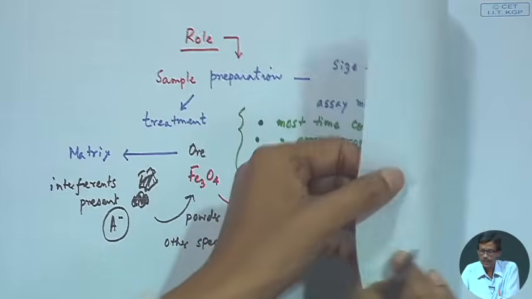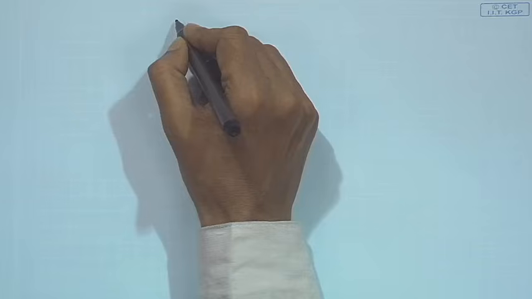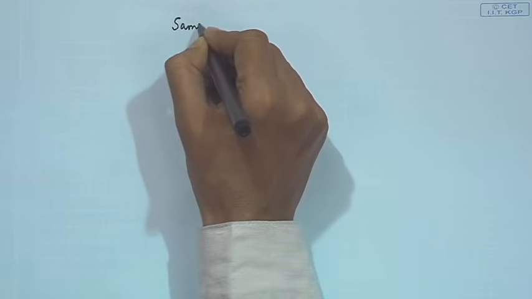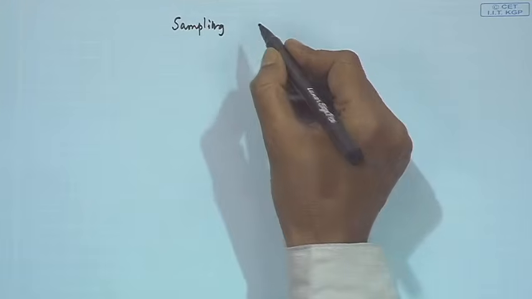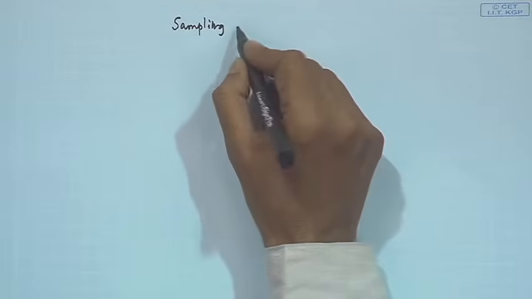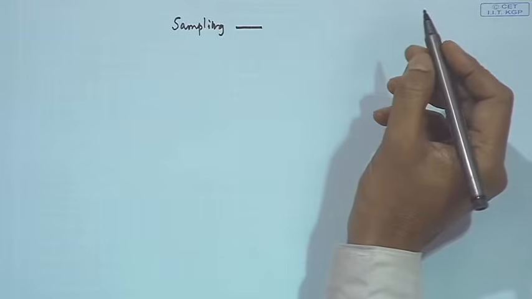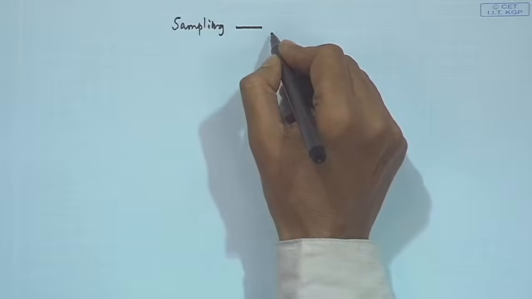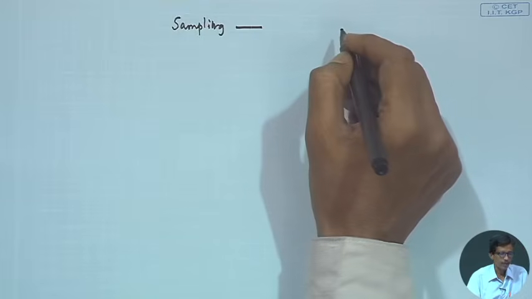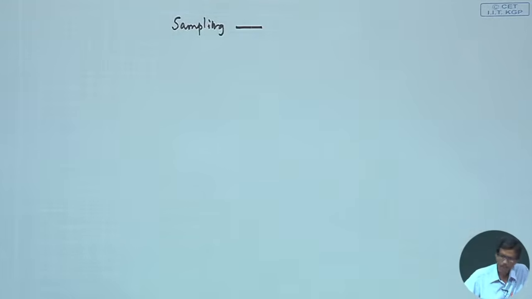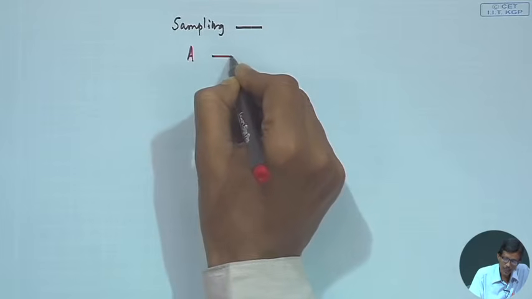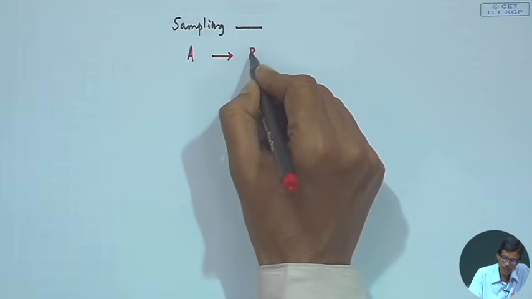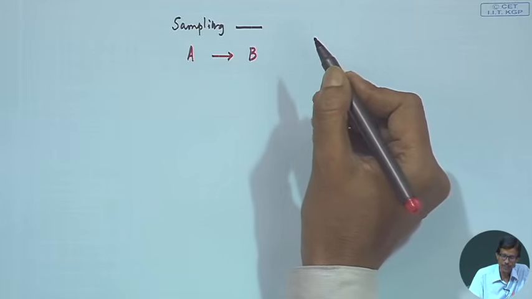So, what we see is that sample preparation depends on how we do the sampling process, the sampling. This sampling is also important when we take the powder sample for the analysis of iron, say, of any ore, and this sampling is also important if we try to monitor the progress of a reaction.